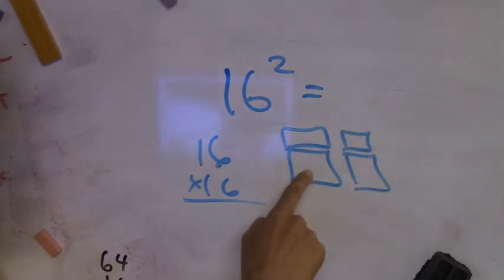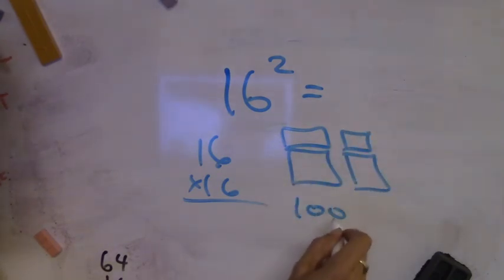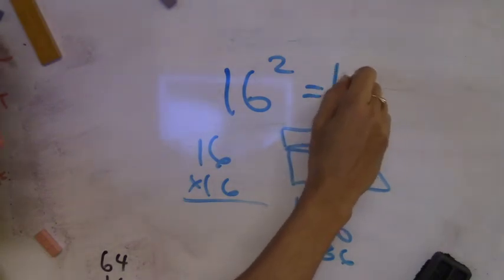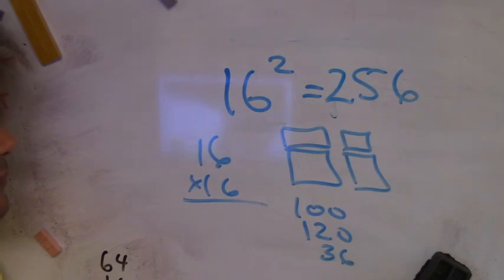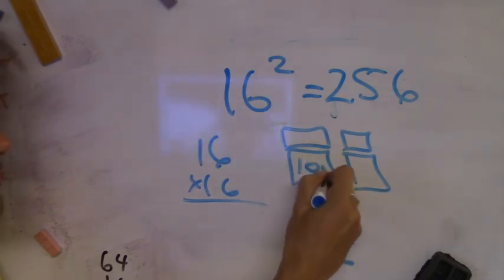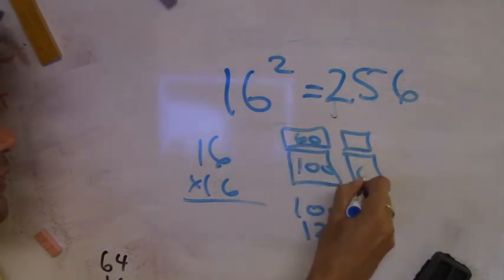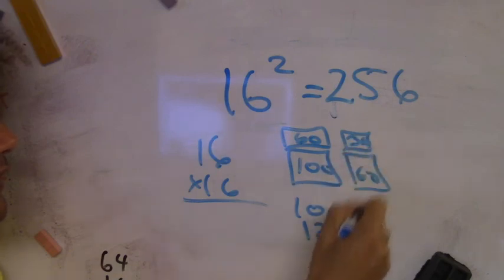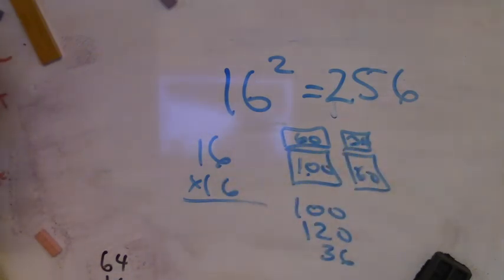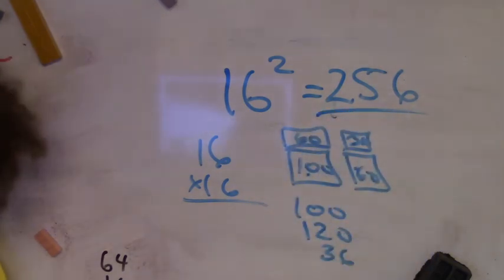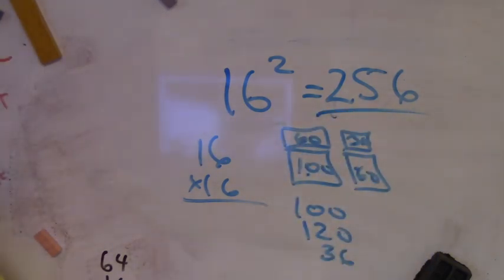So that's 100, 120, and 36. Not 2. Don't hurt yourself. 60, 60, 100, 36. Bam, there it is. 256. See, I can count quick.